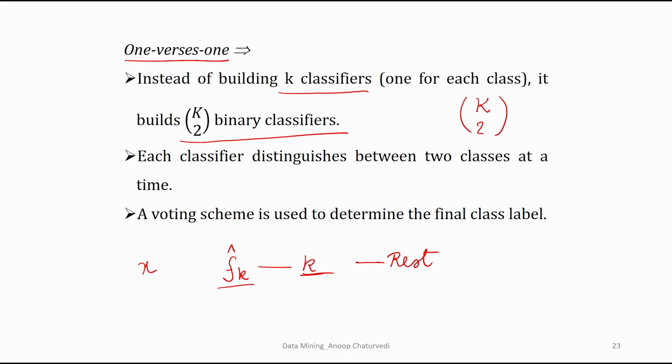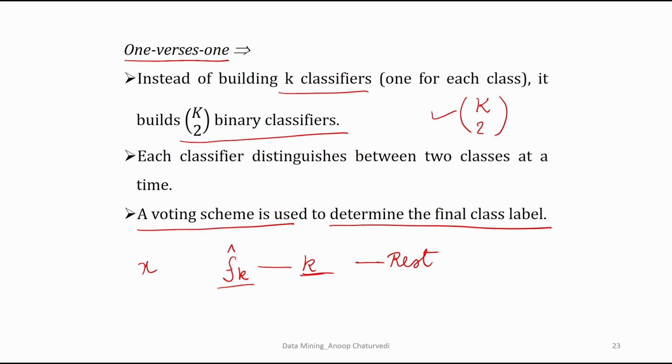Then each classifier distinguishes between two classes at a time. And then we use a voting scheme to determine the final class label. So, in all you have KC2 binary classifiers, and for the new observation you just check all of them, and each time you have just a pair of classes.